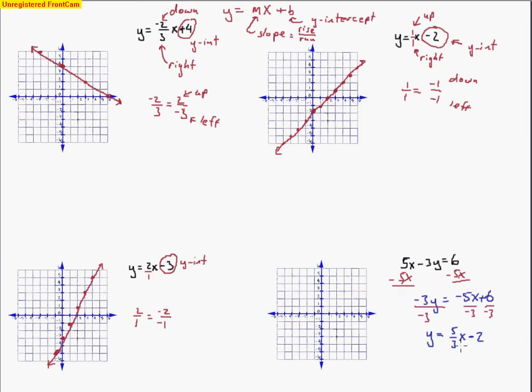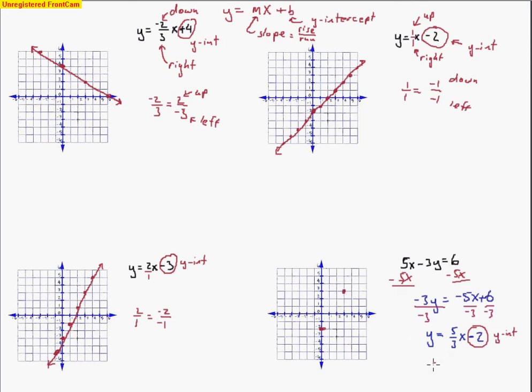So what we're going to do is start by graphing this point right here, -2. This is our y-intercept. So I go down 2 spaces, put the dot there, and then I use the slope. So the slope is 5/3. So the slope tells me to go up 5, 1, 2, 3, 4, 5. And then I go over 3, 1, 2, 3. And I put the dot there.